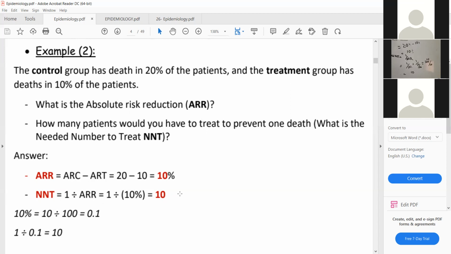And the treatment group is the group that is treated. The purpose of treatment is basically to reduce the absolute risk.